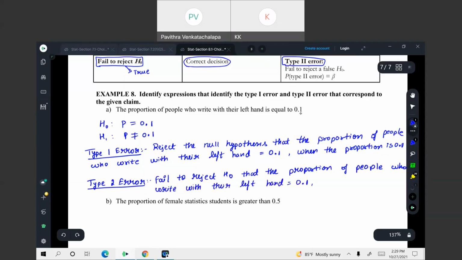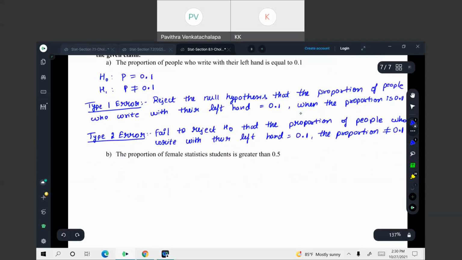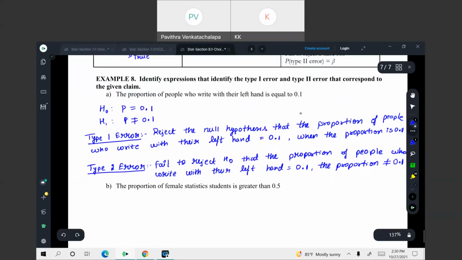That's the claim. But according to the type 2 error, the proportion will be not equal to 0.1, or say it is different from 0.1. It could be greater or it could be less. This is how you write type 1 and type 2 error.